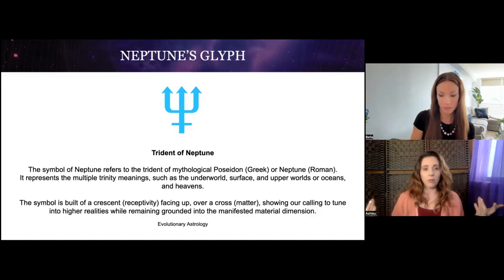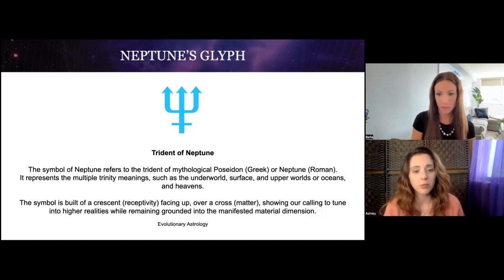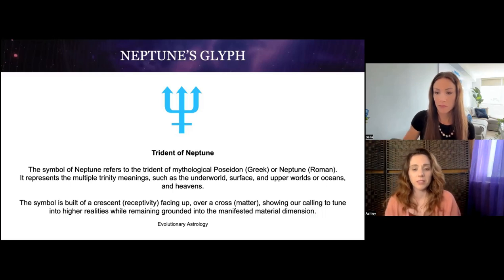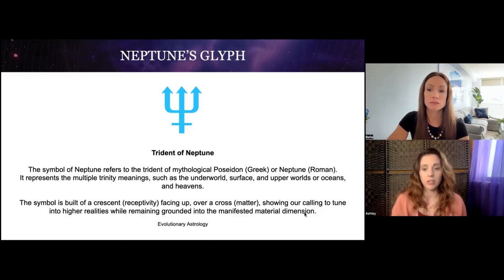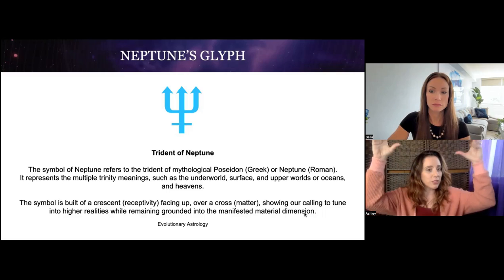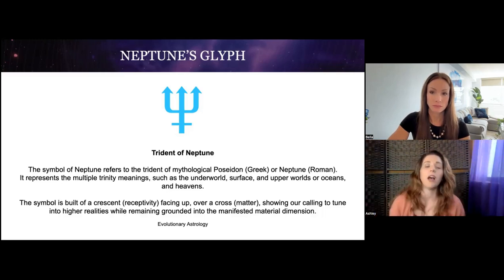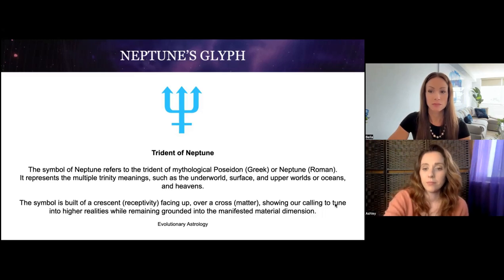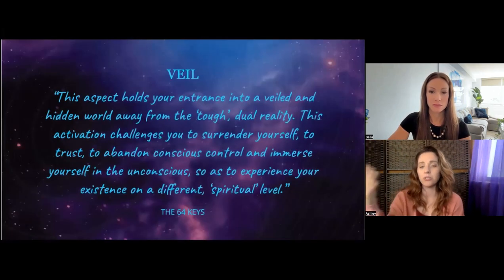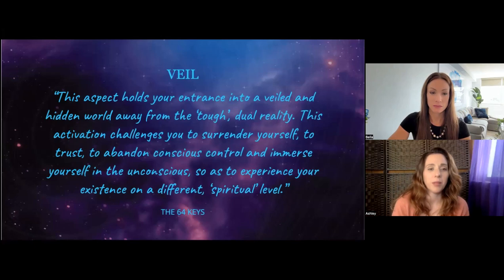The spiritual realm. You're receiving from the spiritual realm. So it's remaining grounded in this manifested, like you say, material dimension, but also having those little antennae out, calling in the higher realm. It's cool how the glyphs also share the meaning behind the planet.